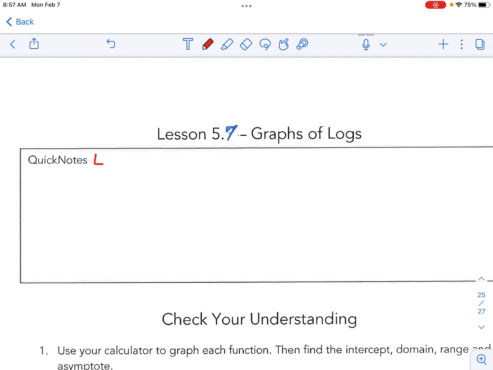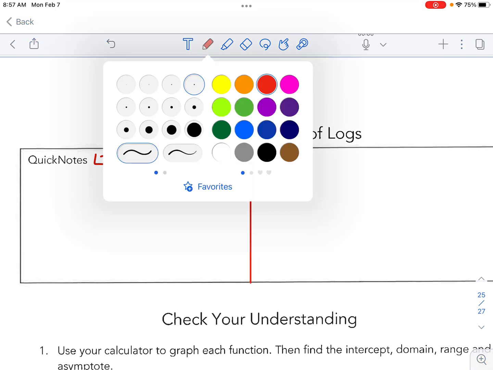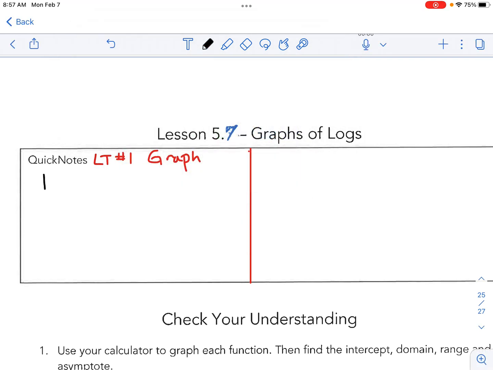So the first learning target is how to graph a logarithmic function. So graphing is our first learning target.